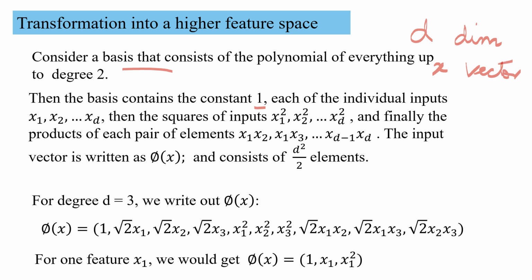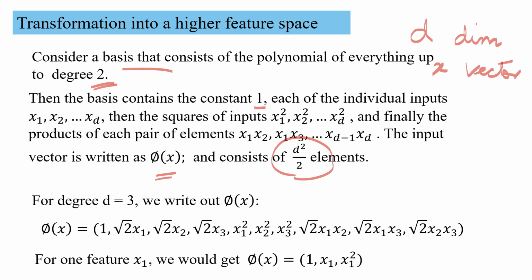So the x1 to xd, then the squares, because we are talking of degree 2. So everything of degree 0, degree 1, squares, and the products of pairs. So this will make approximately these many elements in phi x. The transformed version of x, phi x, would contain these many elements if we were transforming it to a polynomial basis of degree 2.